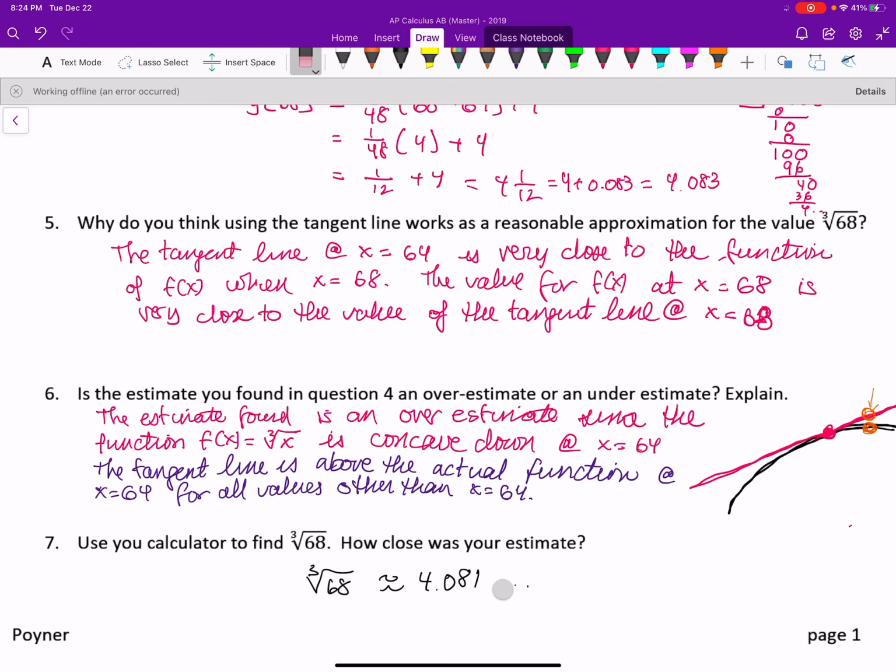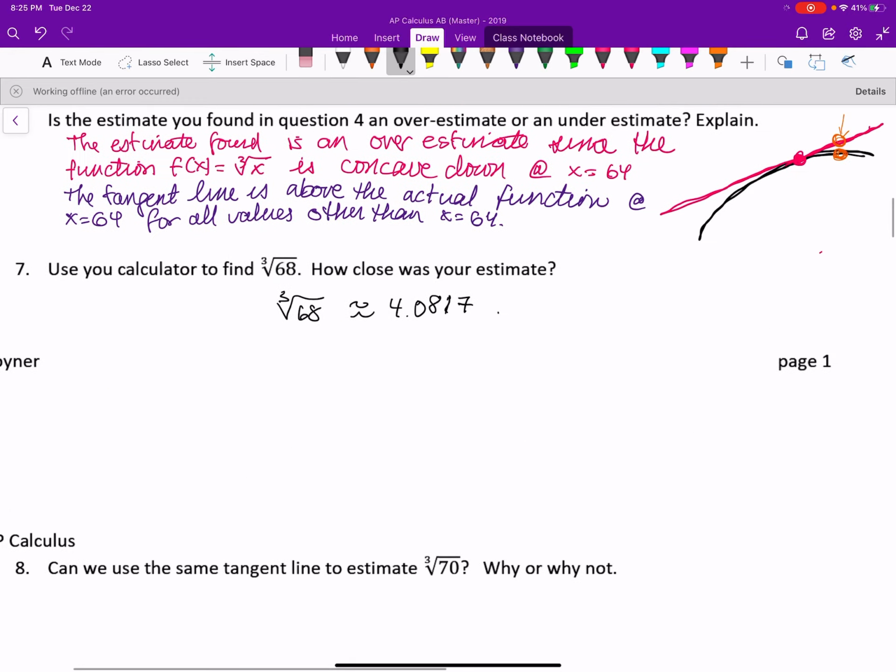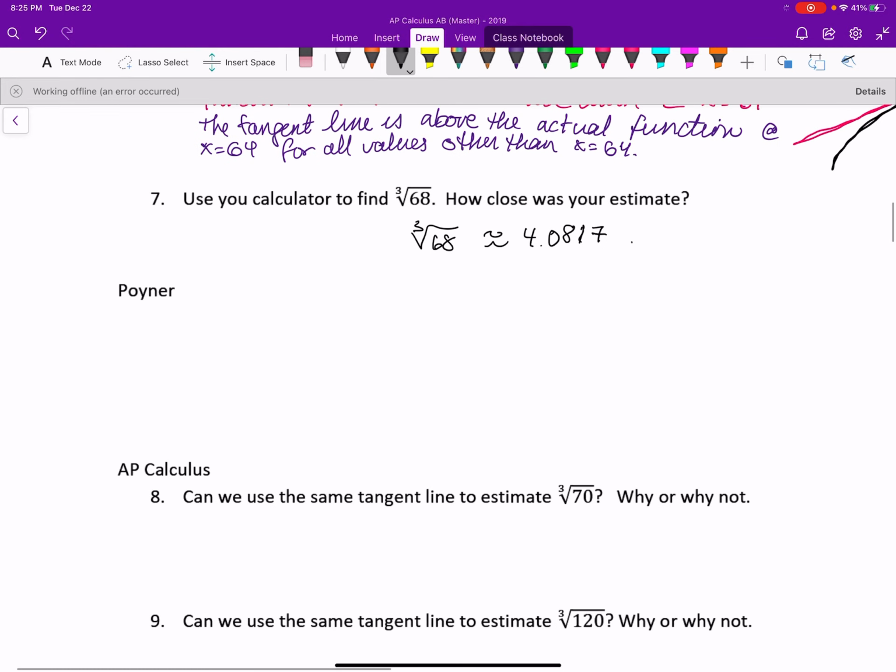Oh, so we are really, really close, if you see that. So that's a pretty strong estimate, 17 like that. And our estimate was 0.083, so we're only off by 0.0013, really.